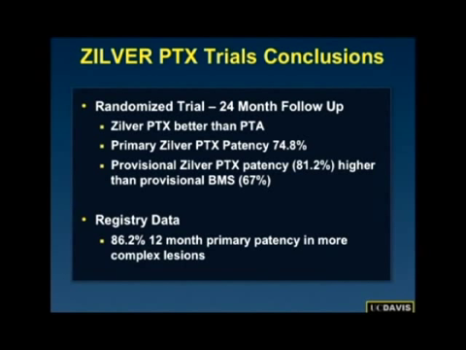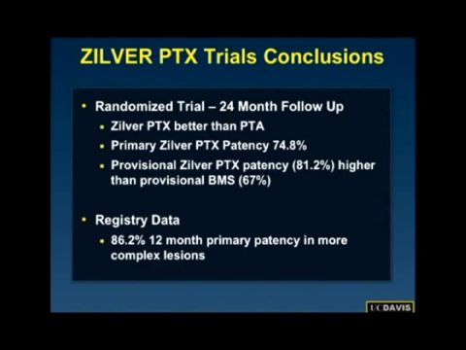And I think a lot of this is to be explained, and someone please explain it to me. I still don't understand exactly why a provisional patency rate would be higher than a primary patency rate. But in any case, both were superior either to PTA or bare metal stenting.